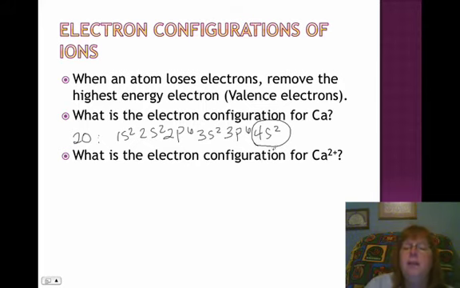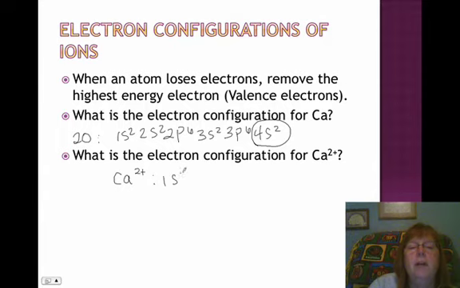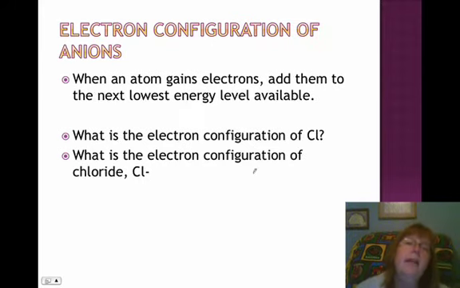What is the electron configuration for calcium with a +2 charge, the calcium ion? That means it has lost 2 electrons. The electrons that it has lost are the outermost ones, these 4s2 electrons. So the electron configuration for calcium with a +2 charge is going to be 1s2, 2s2, 2p6, 3s2, and 3p6. Now, for an anion where electrons are gained, you're just going to add an electron to the next available spot in our alphabet order.